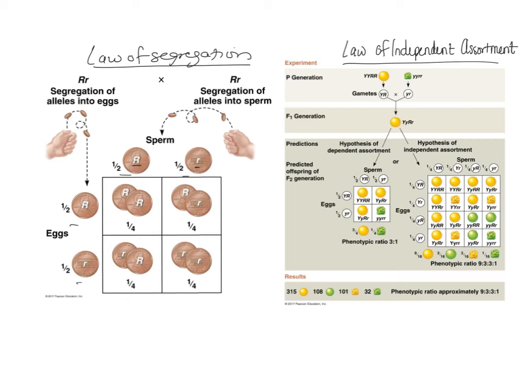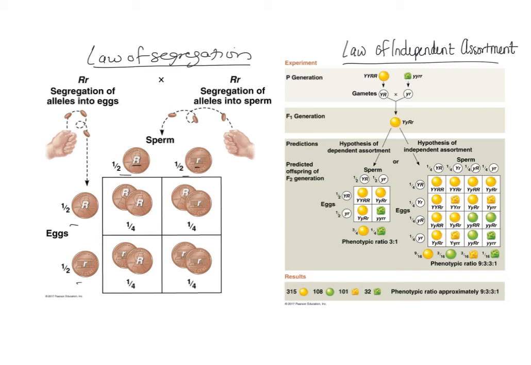Kind of the opposite of this, which is not the case, would mean that if a pea plant inherited the dominant factor for one trait, it must always inherit the dominant factor for the other trait, which is not the case, right?